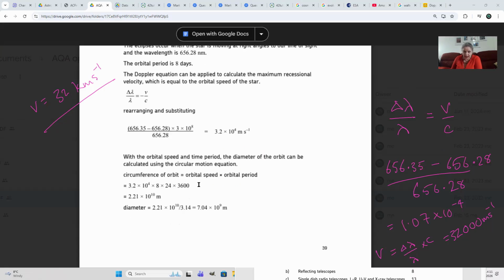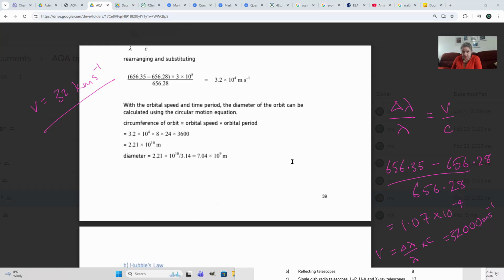With the orbital speed and the time period, the diameter of the orbit can be calculated using the circular motion equation. So you assume that you're going in a circle, and you can say that the circumference is equal to the orbital speed times the period. It's just speed is distance over time.